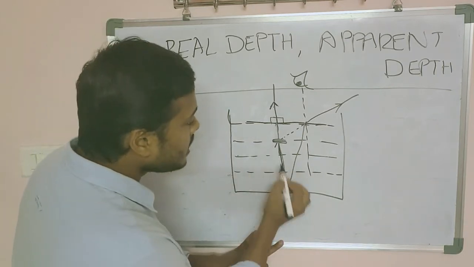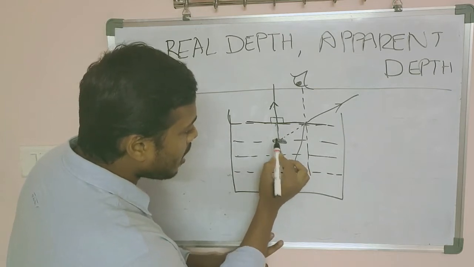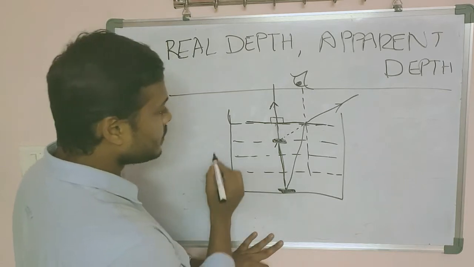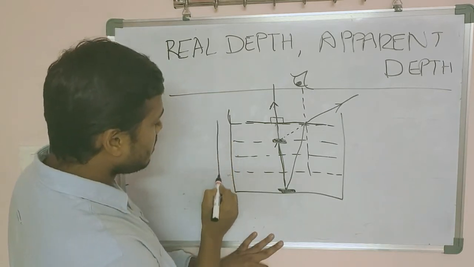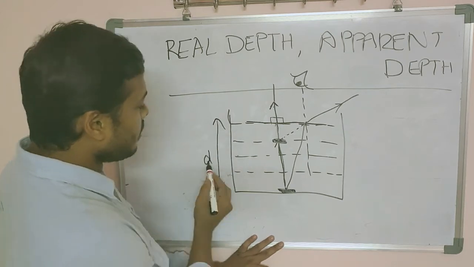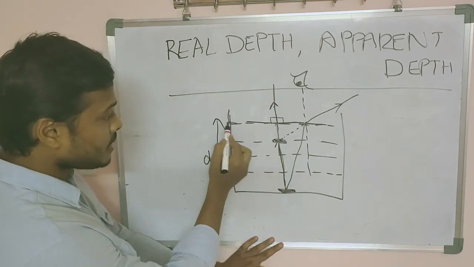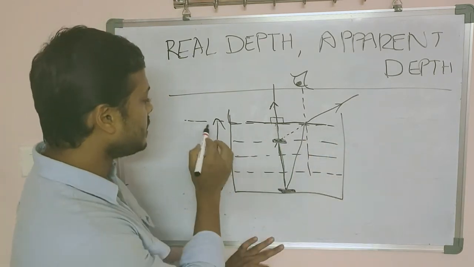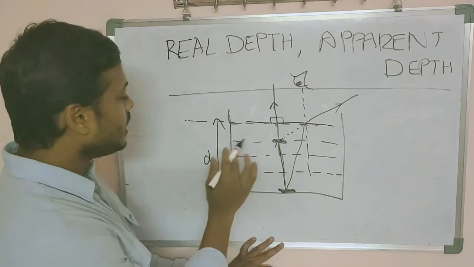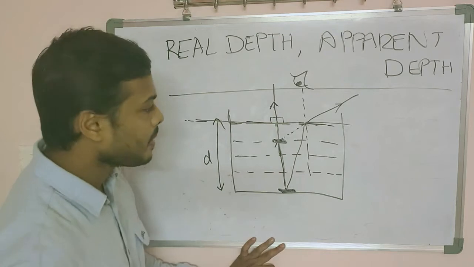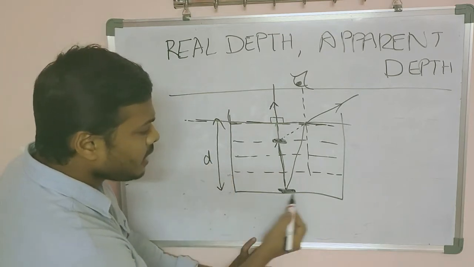So actually this object or this coin is here, which is called the real depth. Let it be D. We are measuring the real depth from the surface. You have to remember this very carefully, that we are measuring this small d from the surface.